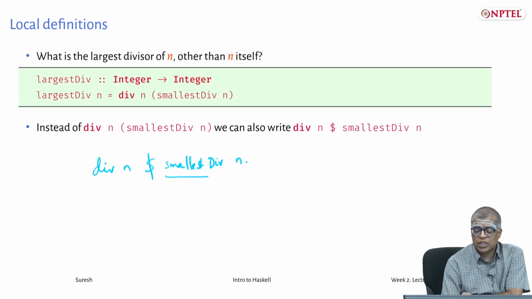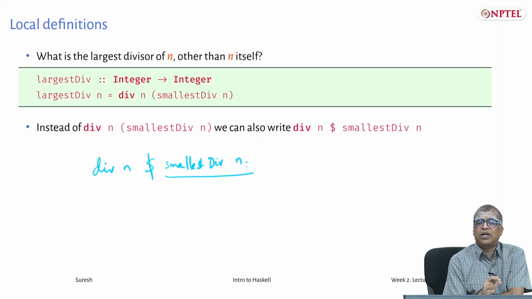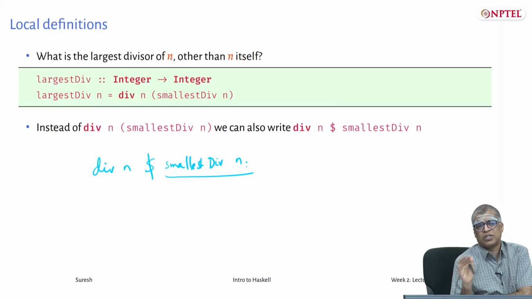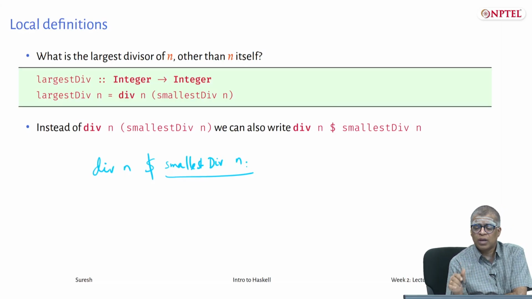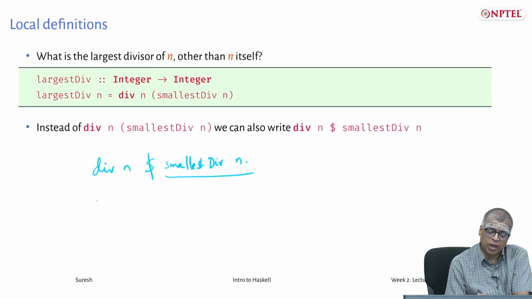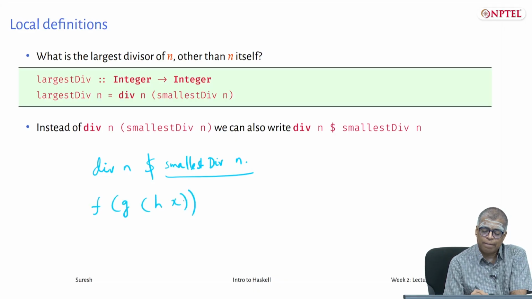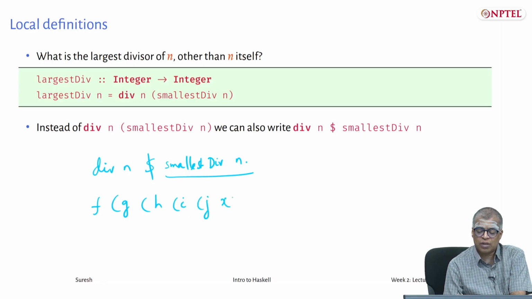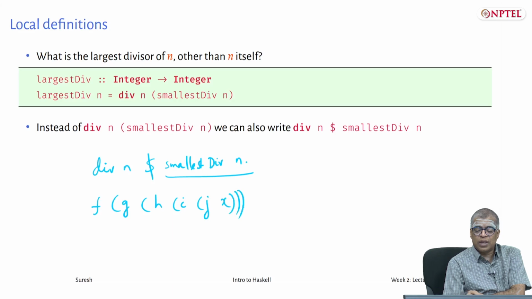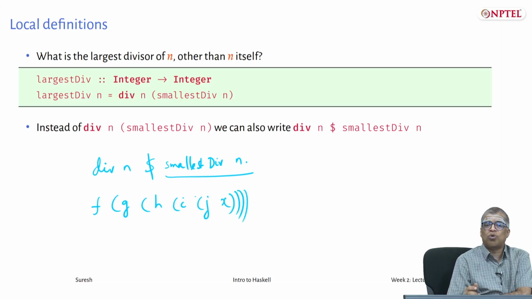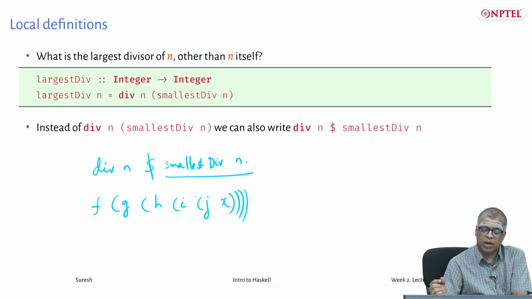Notice that I have written a complex expression here, some function applied on something else, and I am treating that as one unit, and dollar automatically ensures that. Think of it as dollar supplies parentheses for you wherever you need them. Typically if you have to write f of g of h of x and maybe even more, h of i of j of x, then you have to nest a lot of parentheses, and your code sometimes might become unreadable.